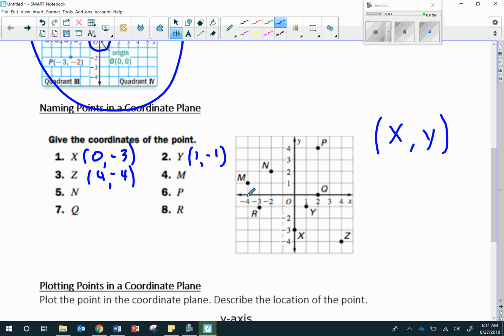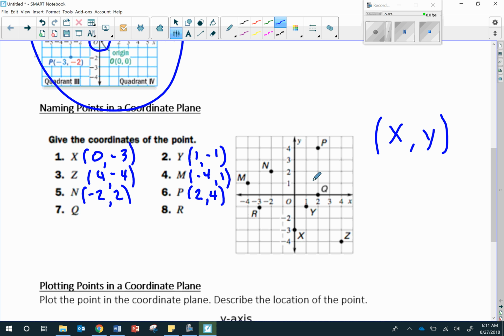M went over to the left -4, then up 1, so it's -4, 1. Point N, over -2, up 2, so it's -2, 2. Point P, over 2, up 4, its coordinates are 2, 4.